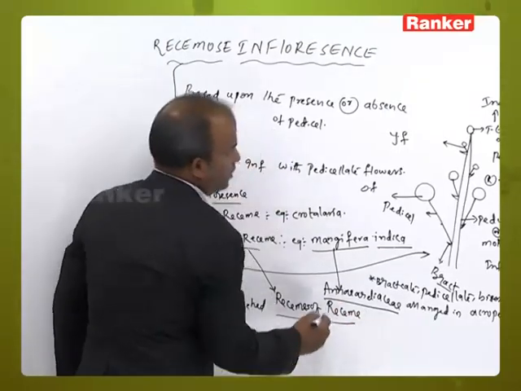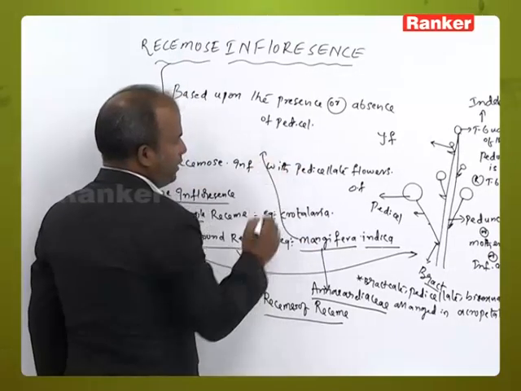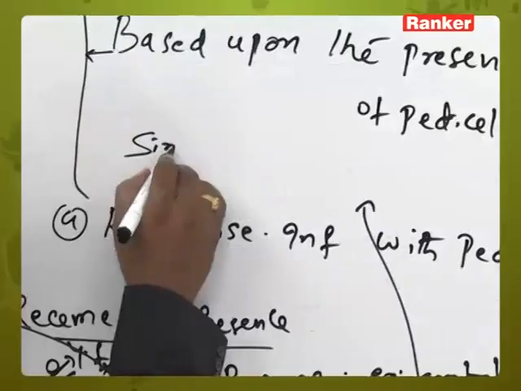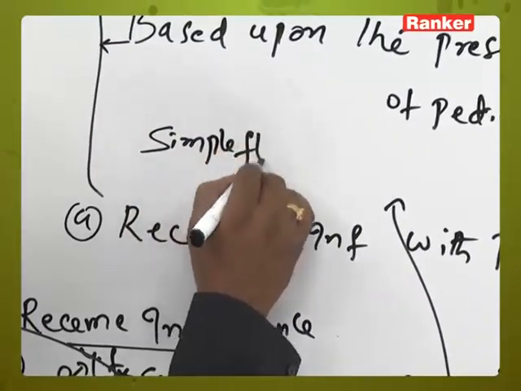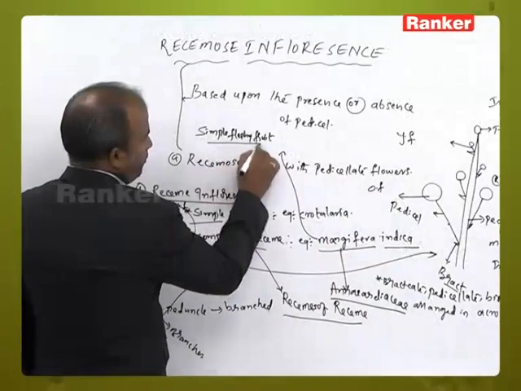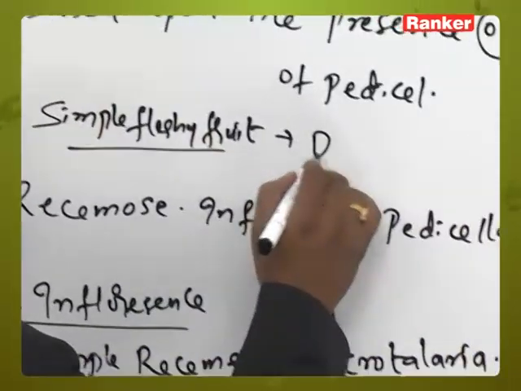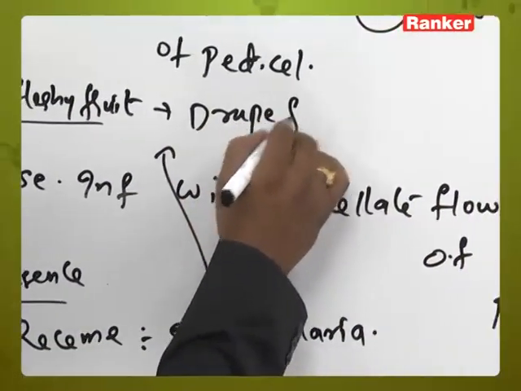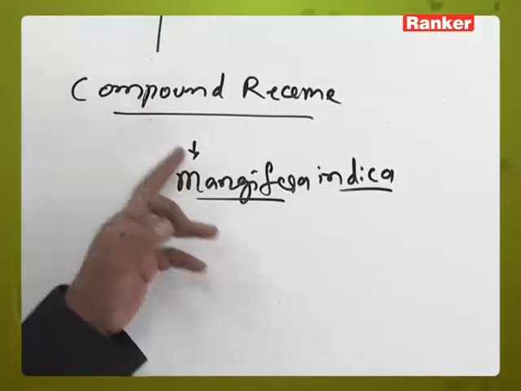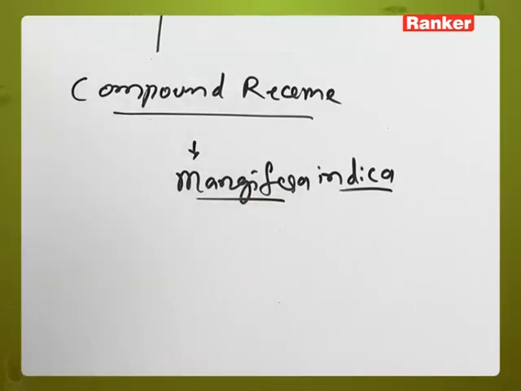It shows a simple fleshy fruit. What is that simple fleshy fruit? That is nothing but drupe fruit. So for compound raceme, I already told you the example is Mangifera indica.